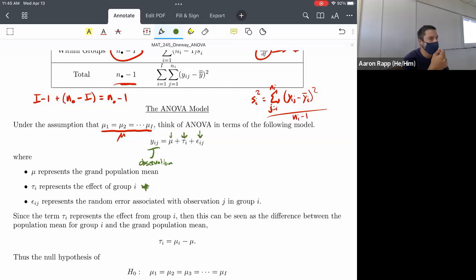And then this epsilon right there is just saying, hey, it's never going to be absolutely perfect because the real world isn't perfect. So there's going to be some small random error that's going to occur. But each observation comes from taking the grand mean from the population, adding in some treatment effect, and then just a little bit of error.